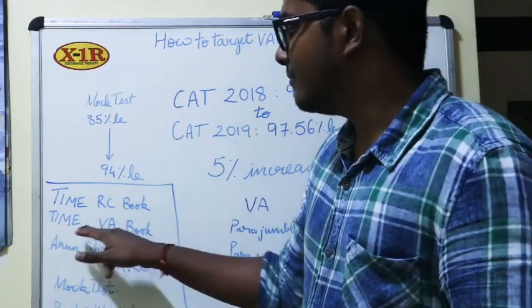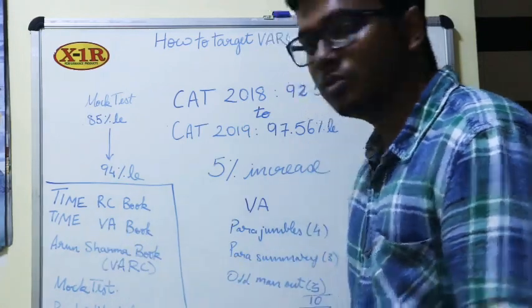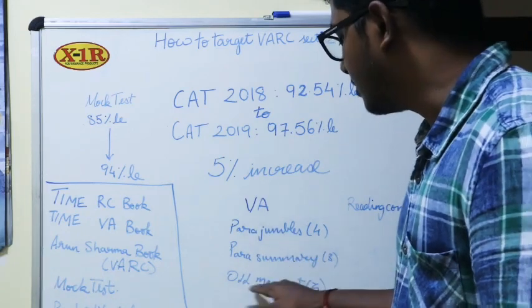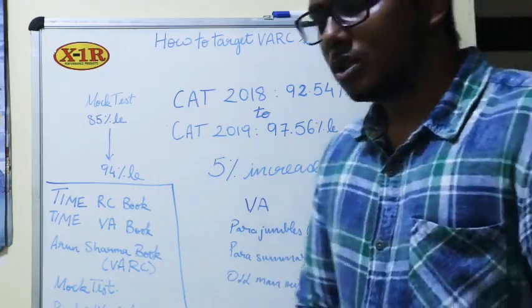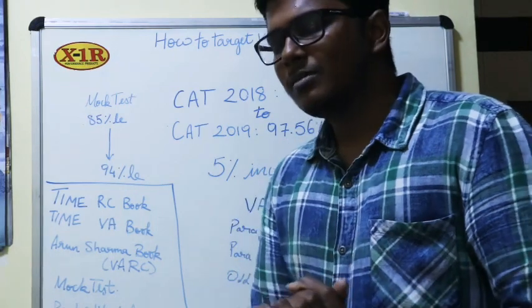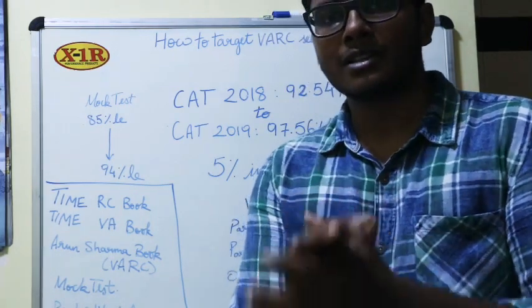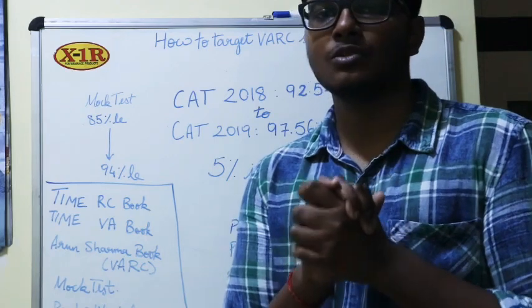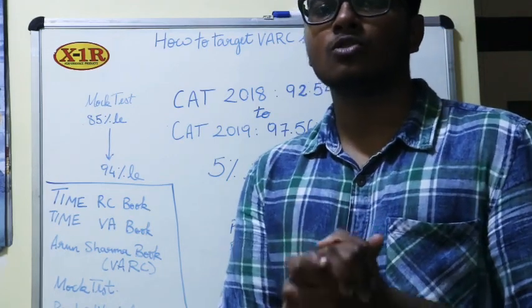The second one is the Time VA book. In verbal ability, there are 3 sections: para jumbles, para summary, and odd man out. In verbal ability, it's all about practice. You have to practice as many questions as you can to score the maximum.